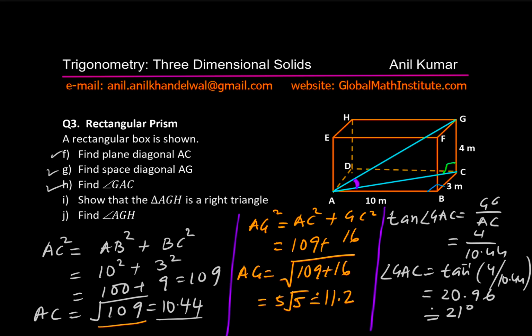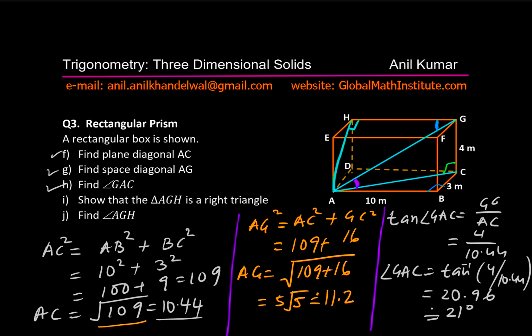For the next two, let's go to the next page, which is to show that this particular angle here is 90 degrees. So we will look into this particular triangle and show this is 90 degrees. You know this is 90 degrees because of perpendicular planes. And then you have to find the angle AGH, which is this angle.